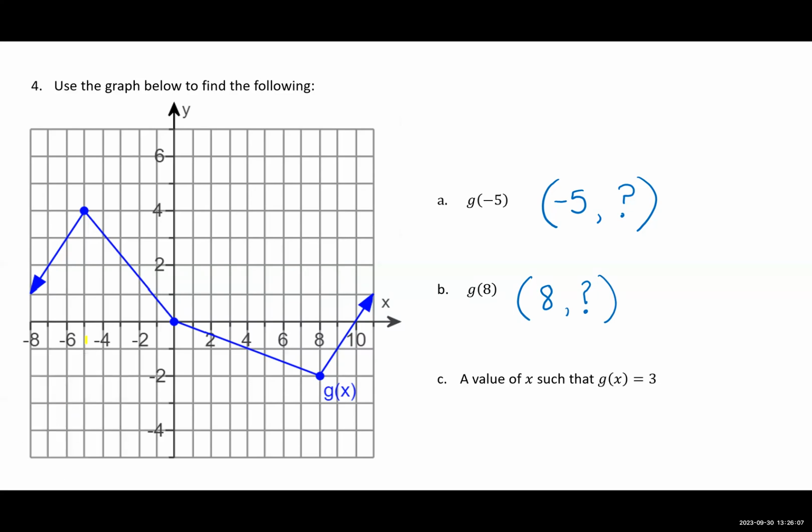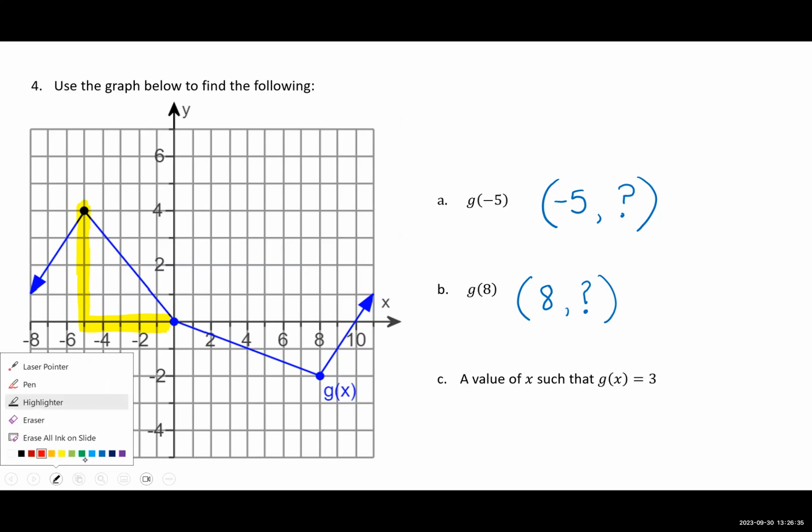So for the first one, -5 is right about here, right? We go left to -5, and when we go up to the graph, there's the point, and this point on the graph would be, oh, no, I want a red pen.